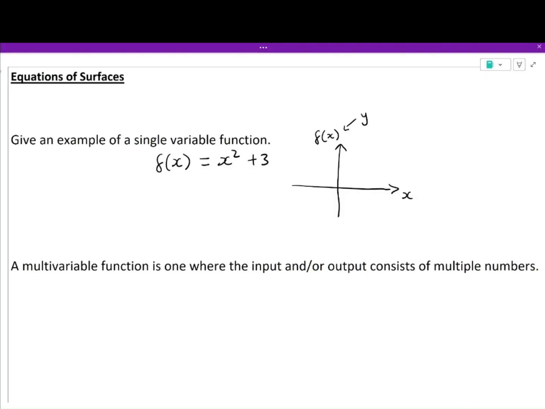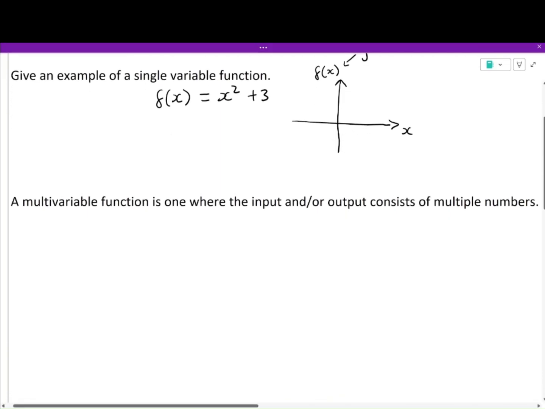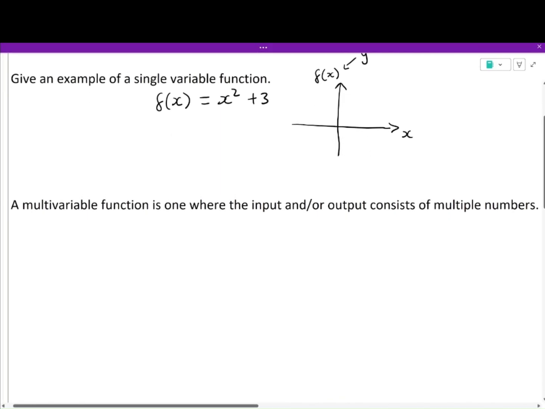What we're going to be focusing on in this topic is multivariable functions. So this is one where the input and/or output consists of multiple numbers, multiple variables. For a single variable function, it's often referred to as the format y equals f of x.